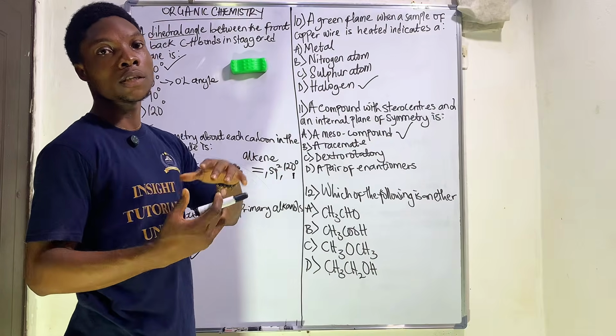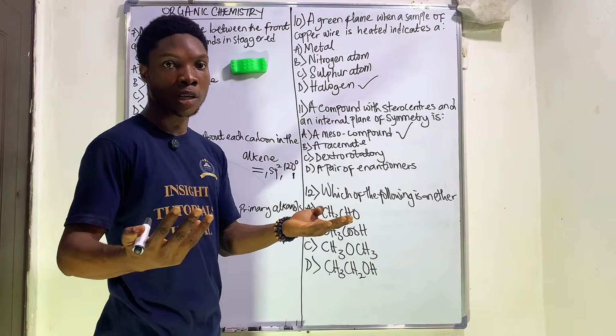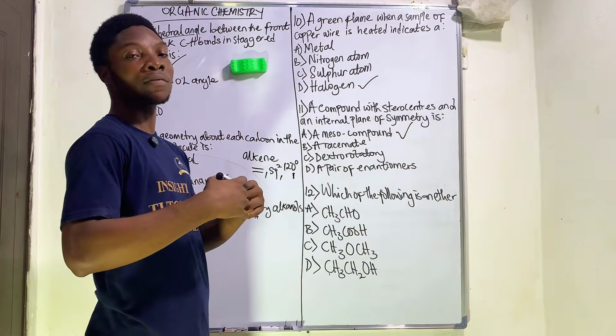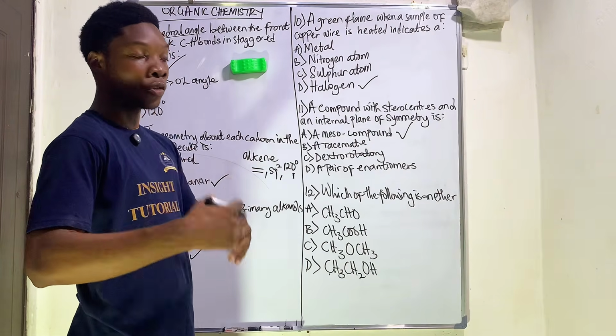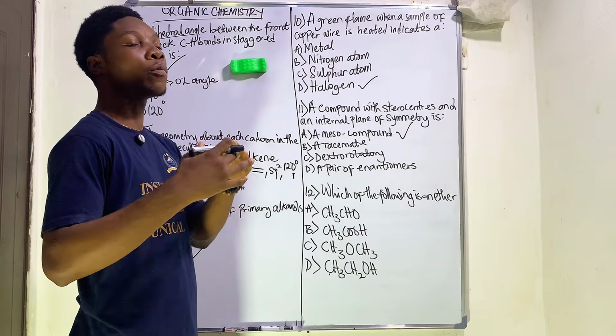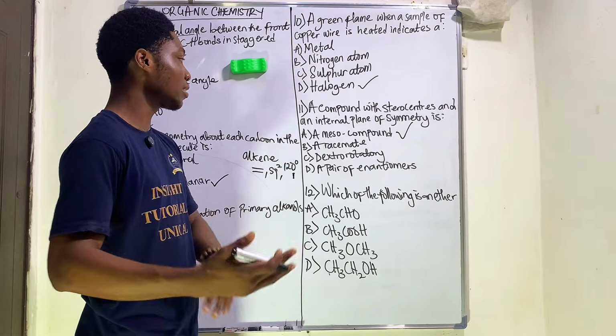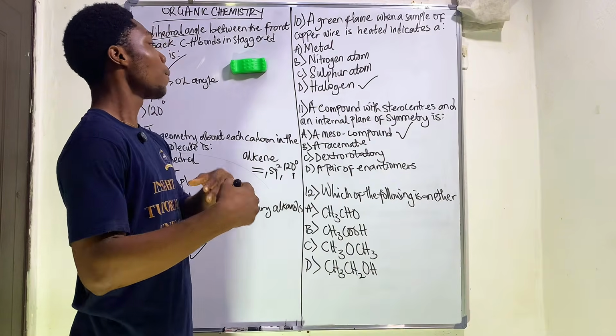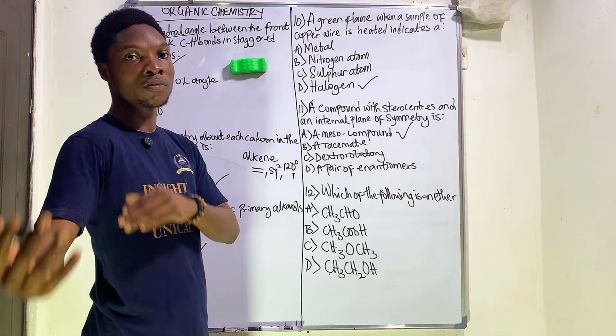It is not a racemate. A racemate is a combination of two enantiomers. Since these enantiomers are mirror images of each other, due to their different rotations, both of them will cancel out the optical activity of the mixture. So a racemate does not have optical activity, but it is due to an outer plane of symmetry.